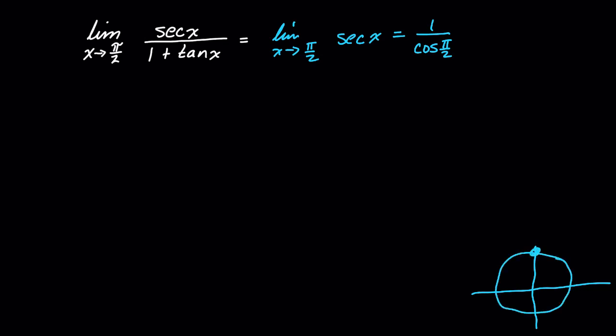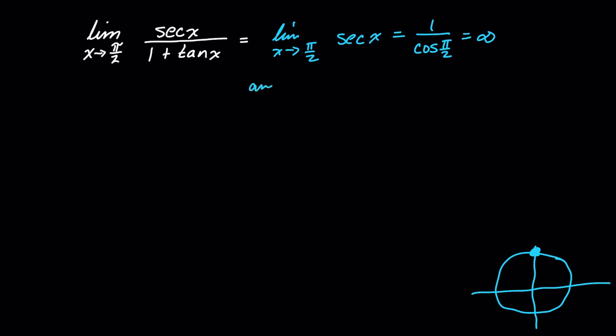So pi over 2 is right here, and cosine is going to be your x value of the coordinates moving around the circle here. Well, as you move closer and closer to pi over 2, your x values are getting very small. So if you think about that in terms of a limit, 1 divided by a very small number turns this into a very large number, which means this limit is equal to infinity.